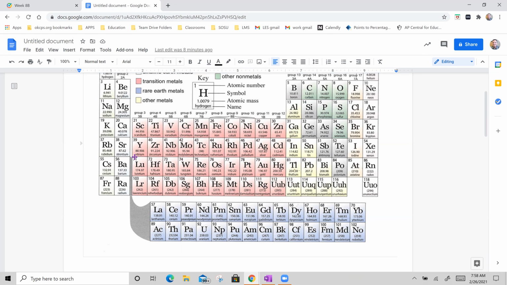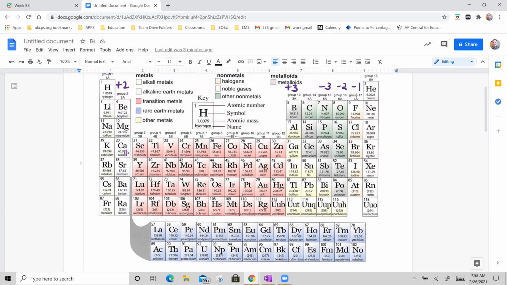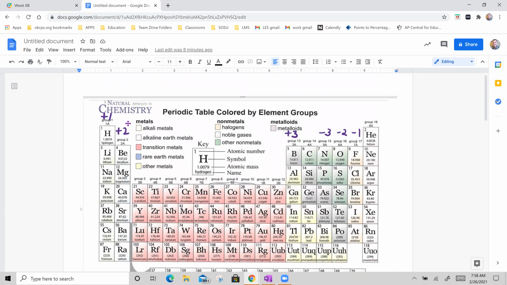What we see above strontium is a +2 charge. So strontium has a +2 charge. This is what you're supposed to write: 1, 2, 3, and -3, -2, and -1. I'm going to come back to this in a second.